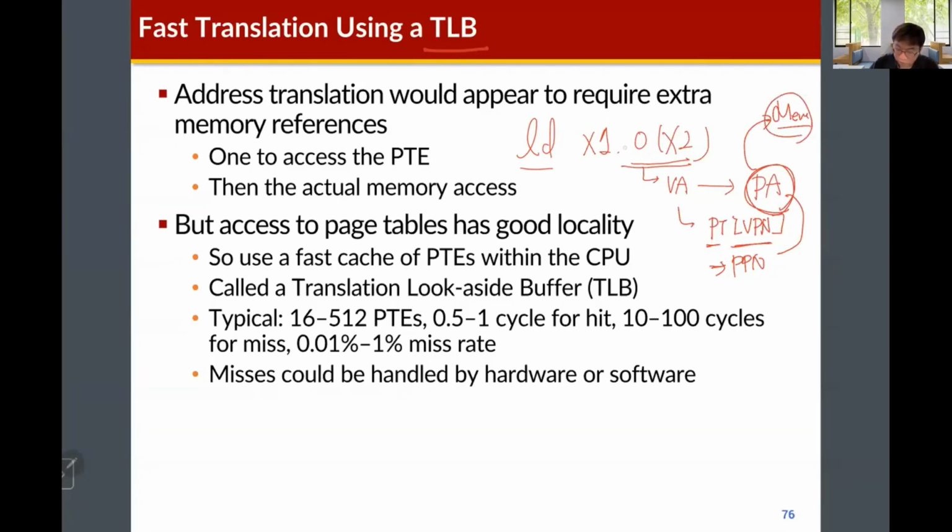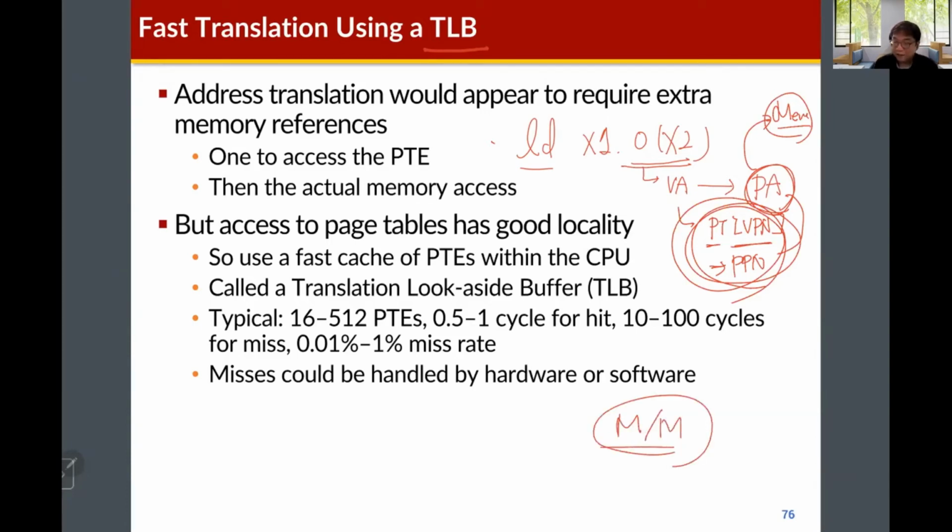So for this translation, we need to access this data structure called the page table, and this page table is in main memory. Which means that when this load instruction is executed, for virtual address to physical address translation, we need to access the main memory.